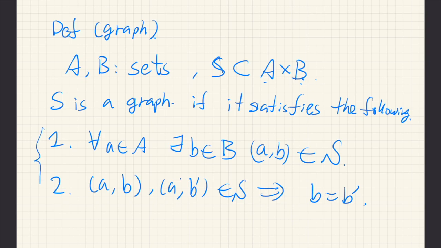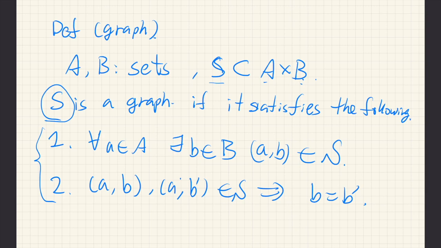So if these two properties are met, then this subset S is called a graph. What's important here is there is no mention of a map or a function. So graph is defined on its own right.